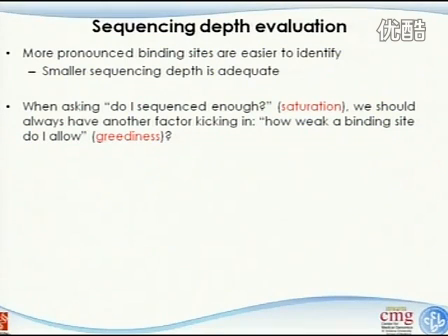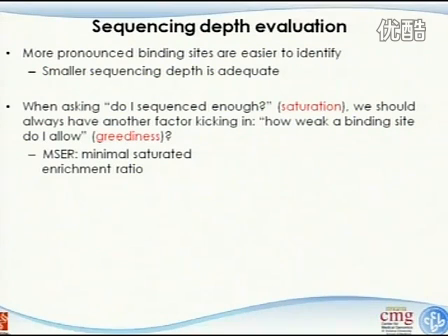The weaker the binding sites I see, if they're real, that gives me a good feeling that I'm detecting all of the information. But you have to stop somewhere. So you have to define your greediness by saying, I'm going to look for this strength of binding sites, and lower than that, I'm not going to care about that.